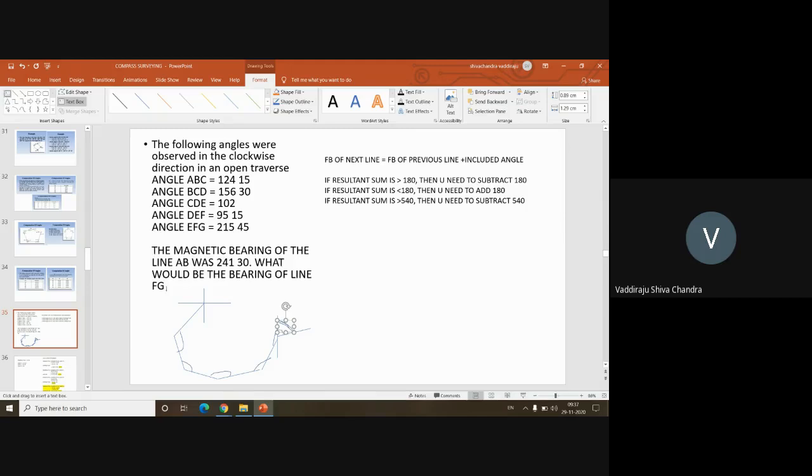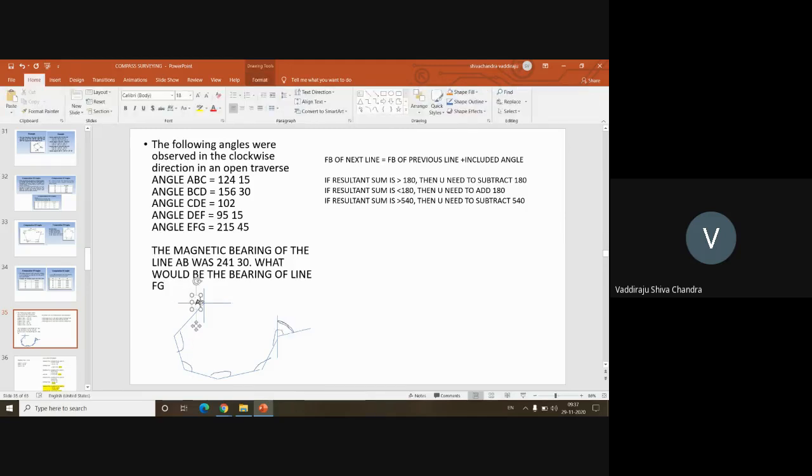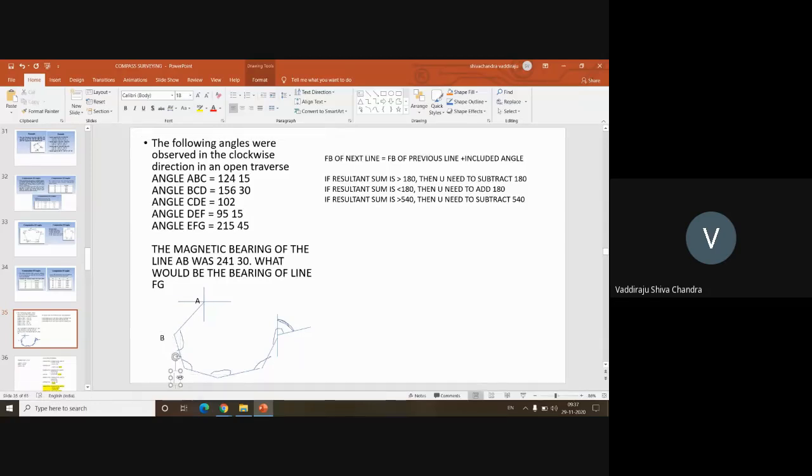So let us take it as A. This is B. This is C. This is D. This is E. This is F. The last one is G. Okay. So this is a pictorial view of the given problem.